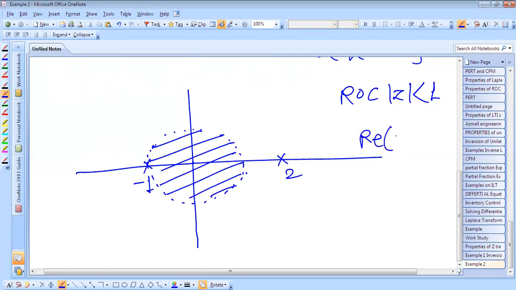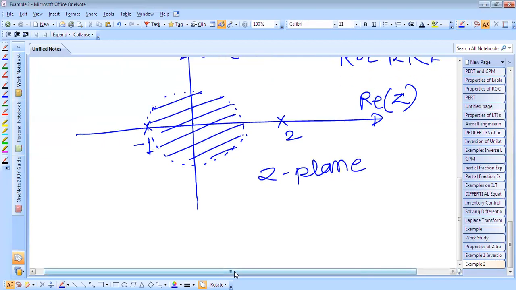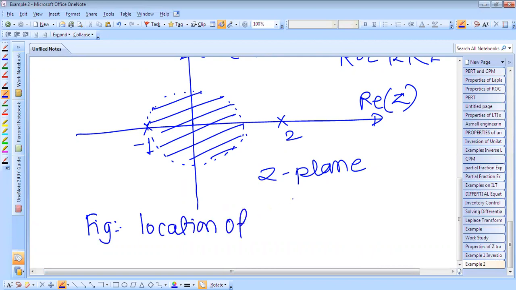This is the real part of z, and this is the imaginary part of z. So this is the z plane, and this figure shows the location of poles and ROC.